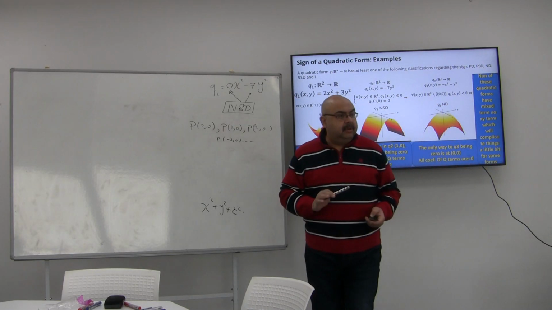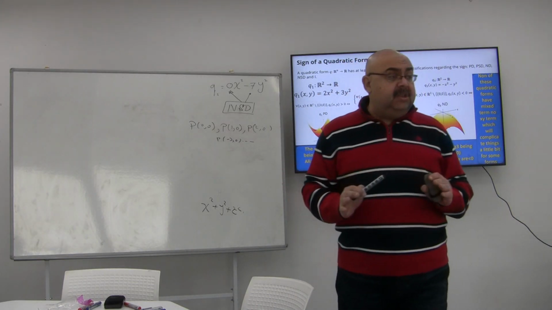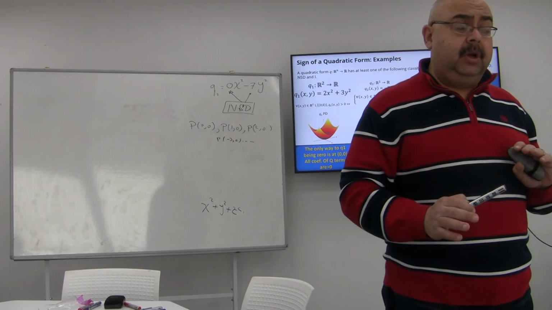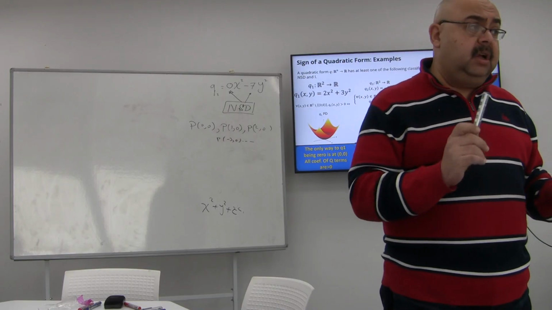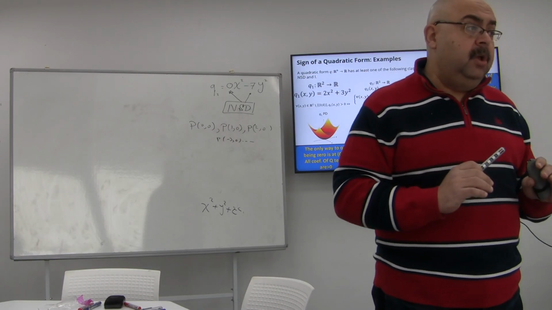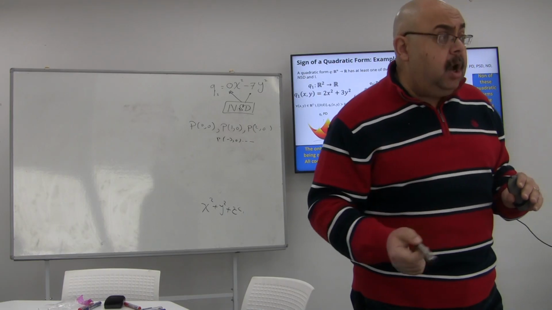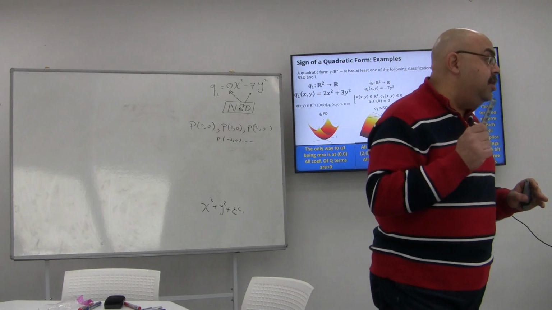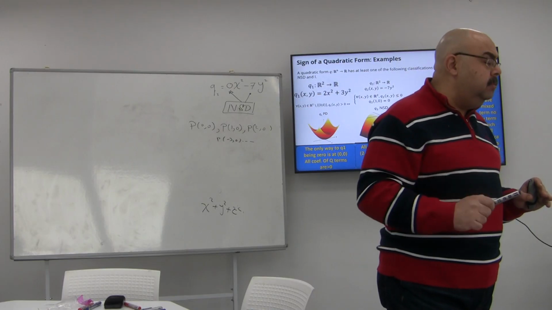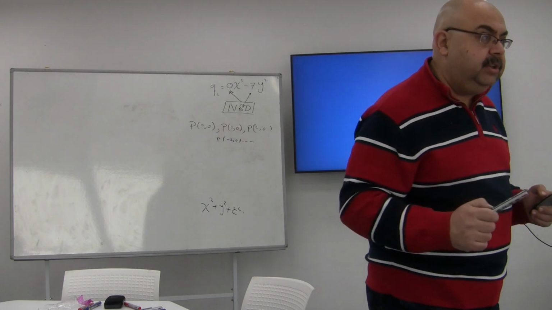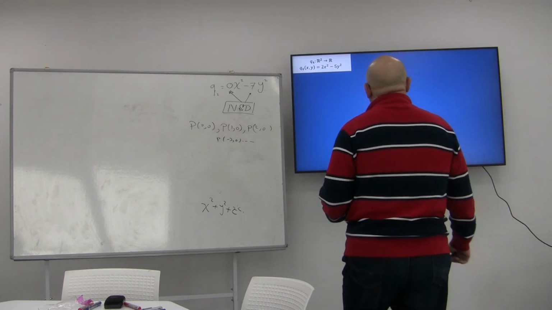Some forms will be easy to deal with even with mixed terms, and others will not be easy when the mixed terms appear. So I will try to look for another solution to determine the type of this quadratic form. Okay, let's try this one.